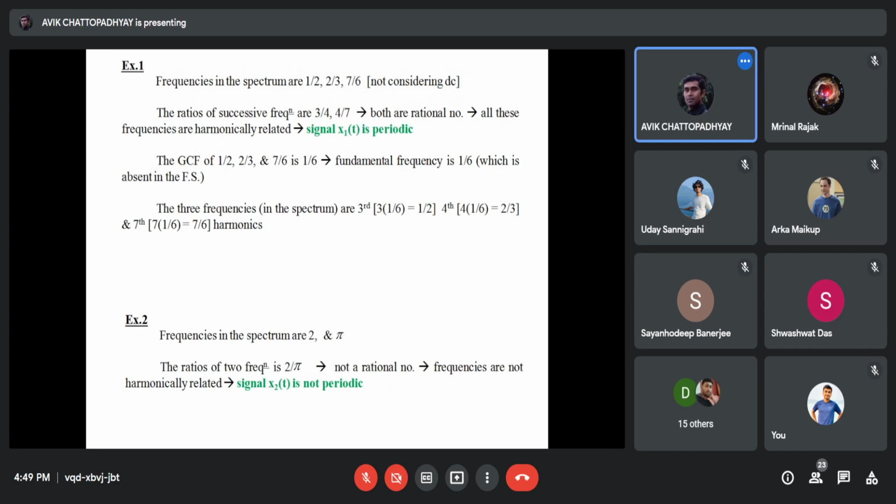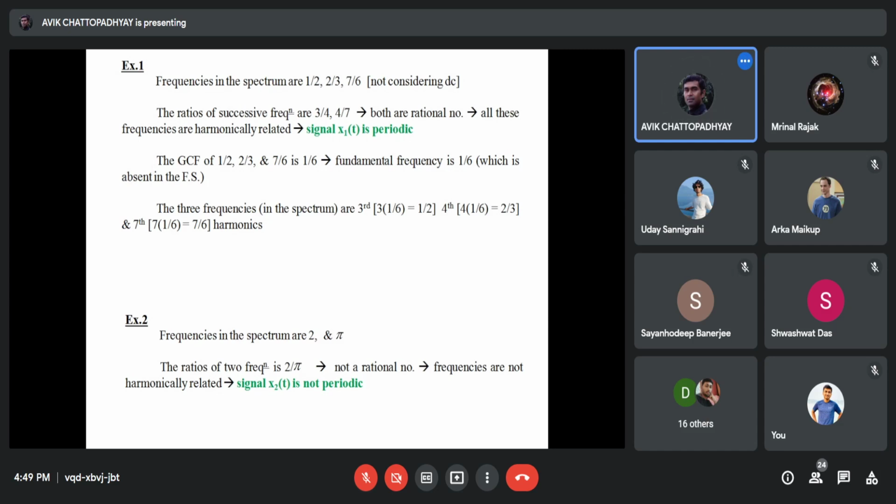Again, it is a very easy task to find out. If you know the fundamental frequency, which is 1/6, that is like omega 0. Then, knowing its value, we can identify the frequency components that are present.